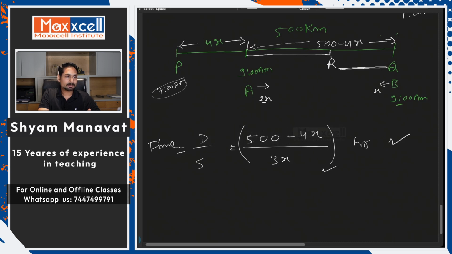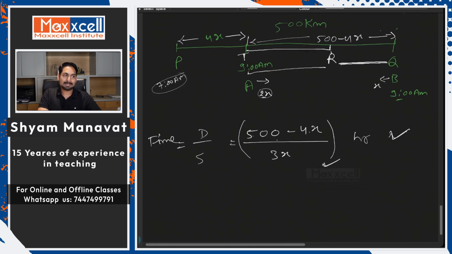With 2x speed, a car is able to cover from point T to R in how much time? This much time, (500 minus 4x) by 3. Are you clear with this? Relative distance by relative speed equals the time for them to meet.